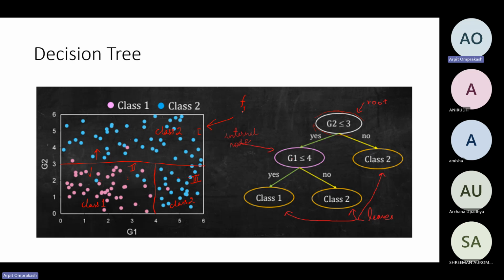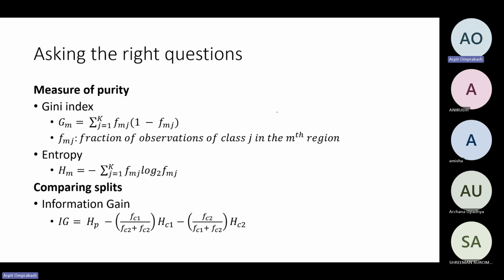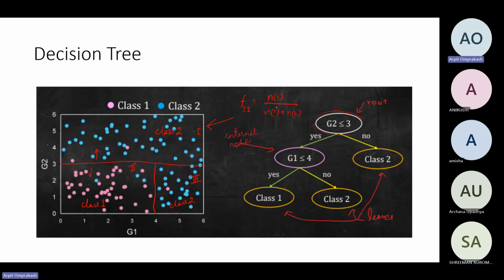f for region 1, class 1 will be equal to the number of class 1 data points here divided by the number of class 1 data points plus the number of class 2 data points, so divided by the total number of data points. So basically the fraction of observations that are present here.